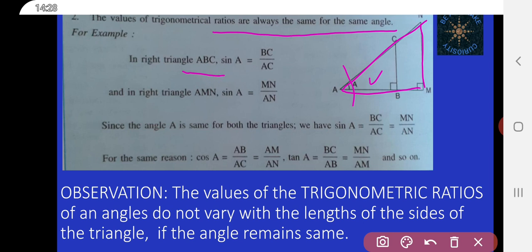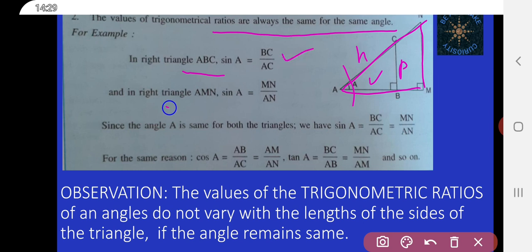You know, P by H. Yes, here P is this for triangle ABC, and H you know this, AC. So BC by AC is your sin A.